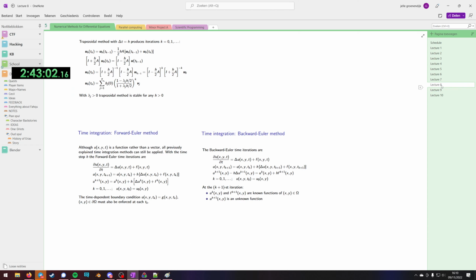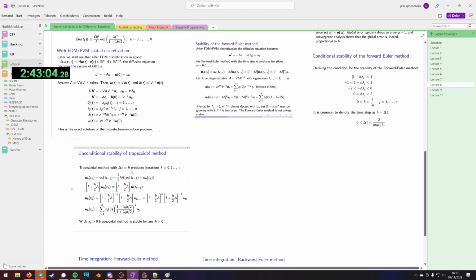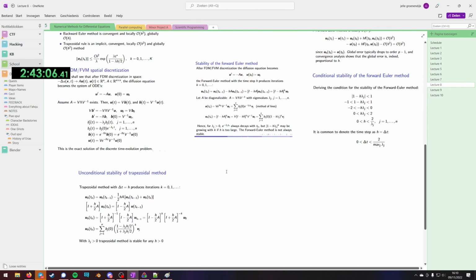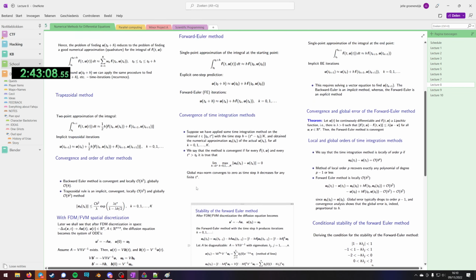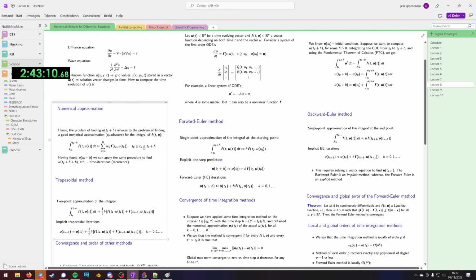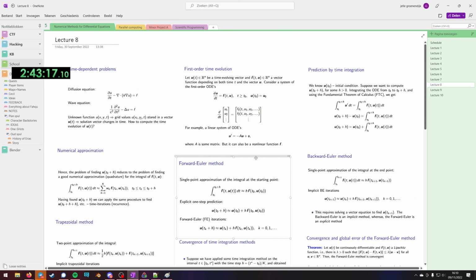I believe that was in the previous lecture. Forward Euler: u plus dt times F, where F is for some reason the du/dt. Why would you call it F? That is a horrible name.